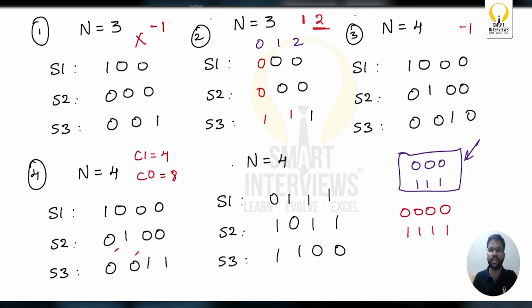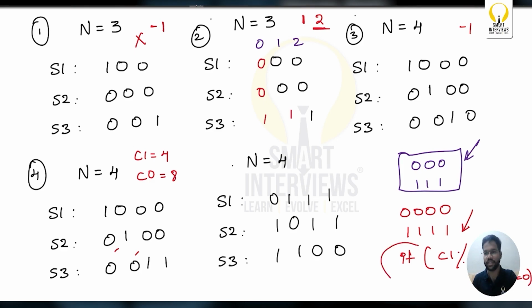But if in total you have only 3 ones, is it possible to achieve this? Impossible. So this is the property: if the count of 1 is divisible by 4, the count of zeros should also be divisible by 4. Only then can we make the strings identical. Obviously, if the count of 1 is divisible by 4, the leftover values will be only zeros, and those will also be divisible by 4.